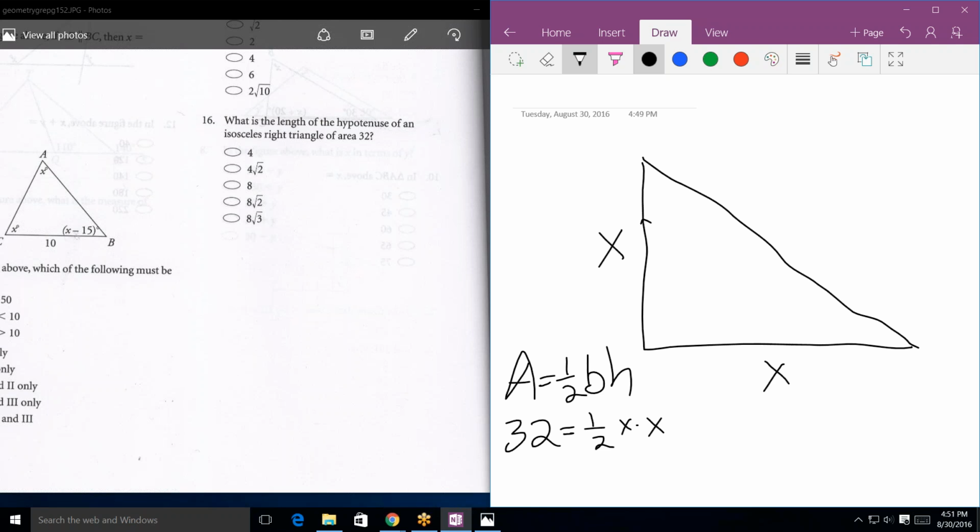Sorry about that. It's fine. Okay, so now what? I got 32 equals 1/2 x times x. Can you solve for x? So 1/2 times x squared. Okay. So I got 32 equals 1/2 x squared.